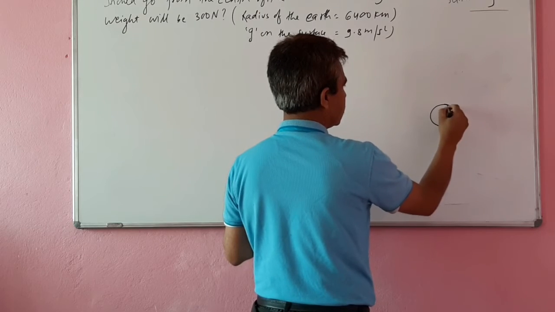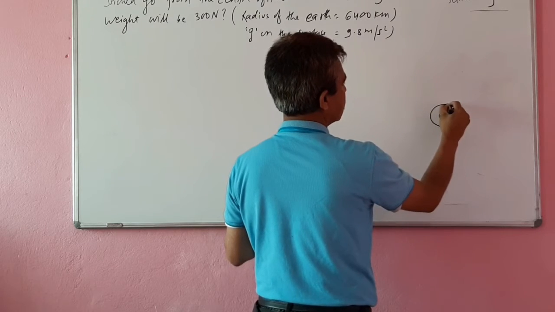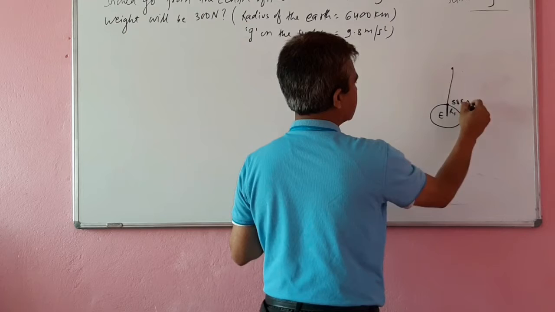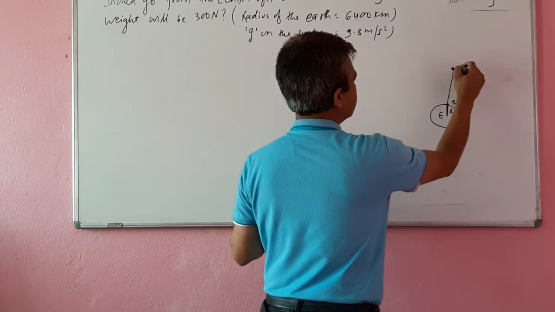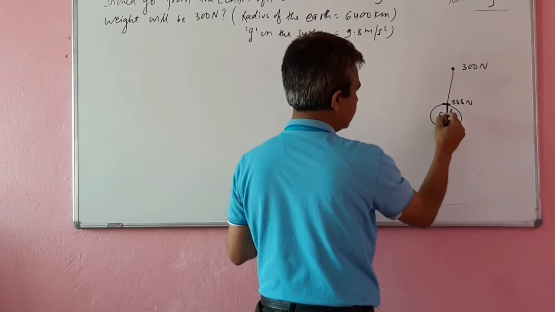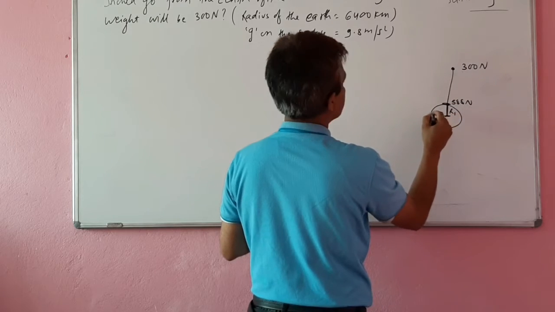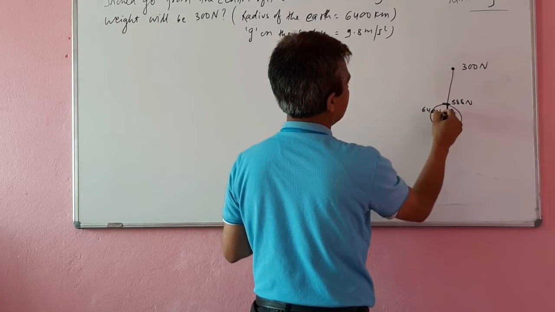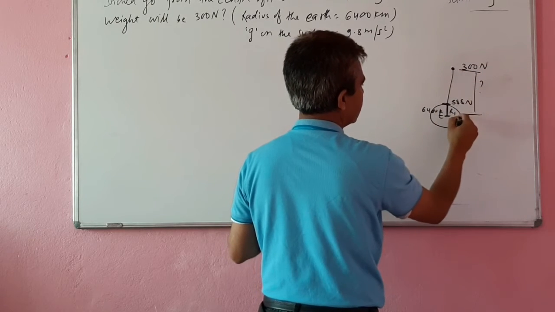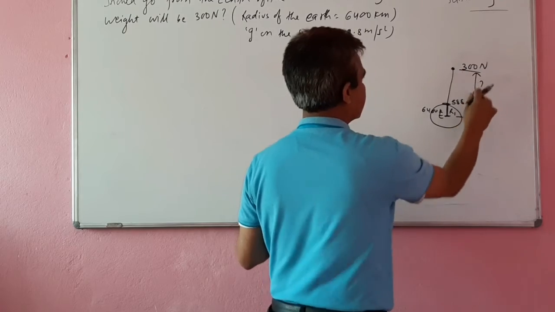So this is the radius R1, and here 588 Newton, at this altitude 300 Newton. So this distance is given, 6400 kilometer, and you have to calculate the distance from here to this one.